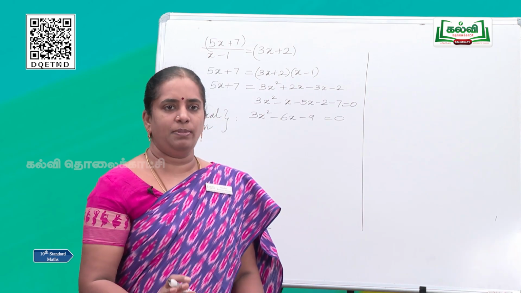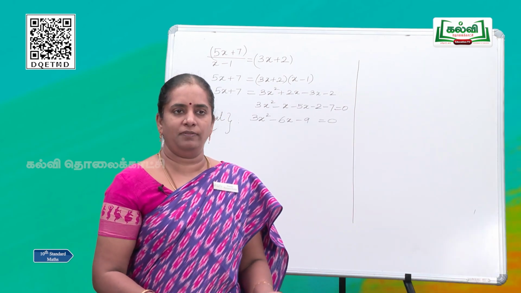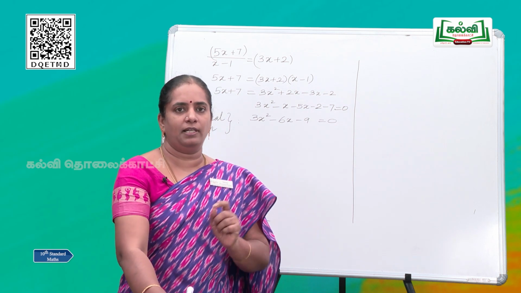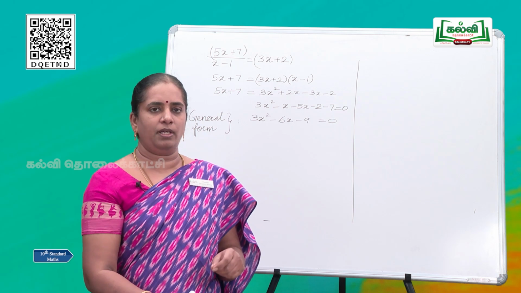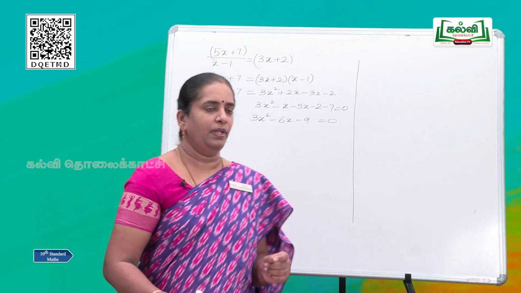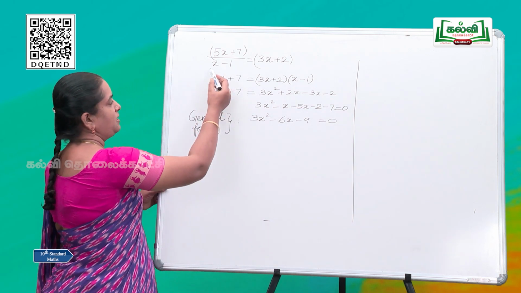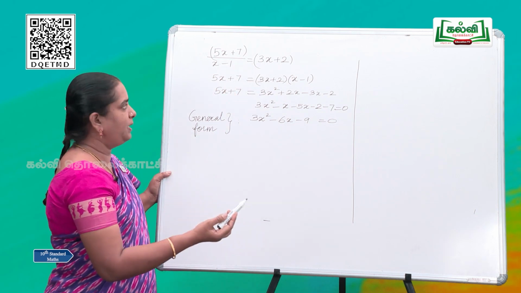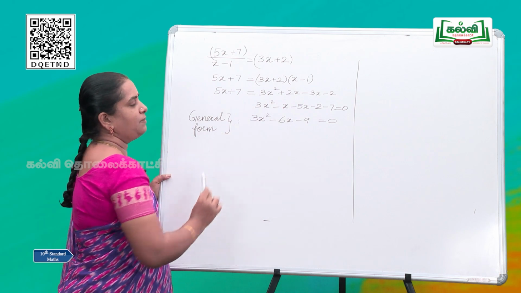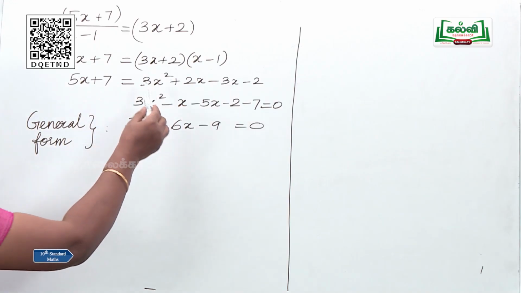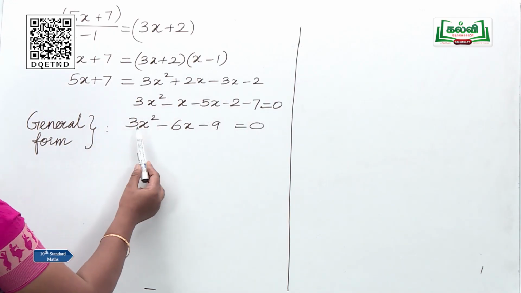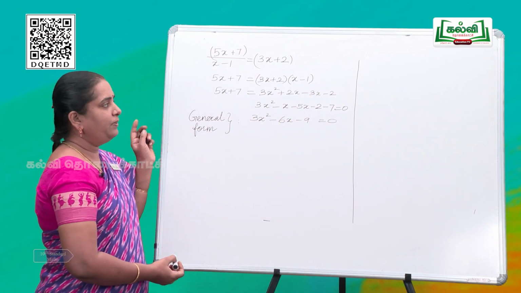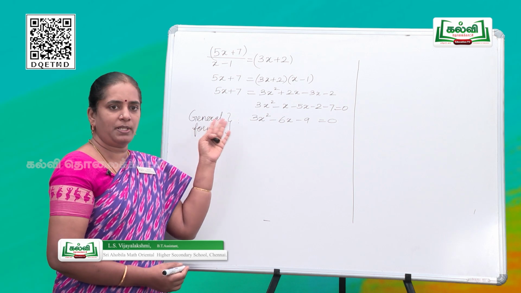Here in this problem, which is given in the exercise sum, we have a rational expression equated to an algebraic expression. Before starting the procedure, we have to bring the equation into the general form, that is, ax square plus bx plus c is equal to 0. For that we know the procedure. We multiply both sides by x minus 1, that is the denominator. On the right side it becomes 3x square plus 2x minus 3x minus 2, and the left side has 5x plus 7.